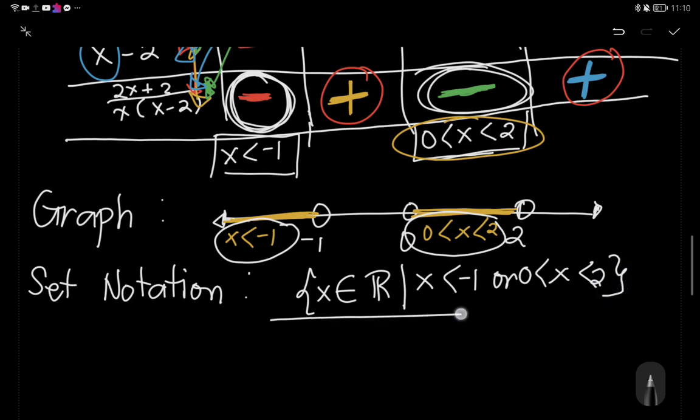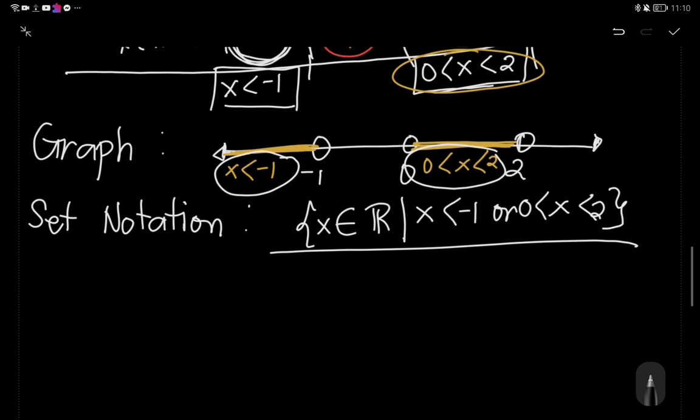This is your answer in set notation. But in interval notation, this is your answer.